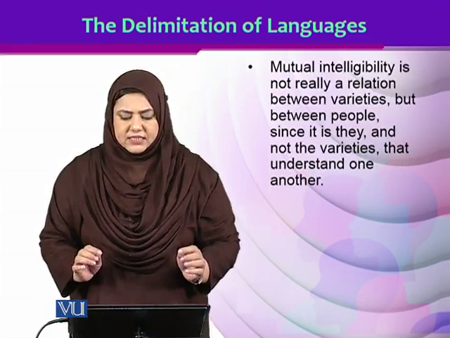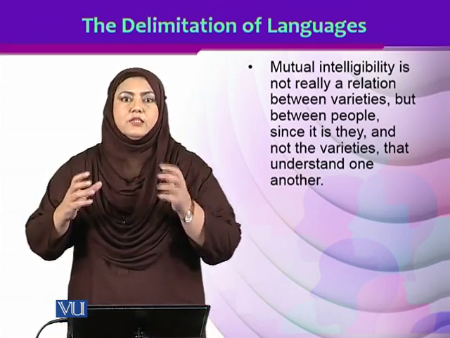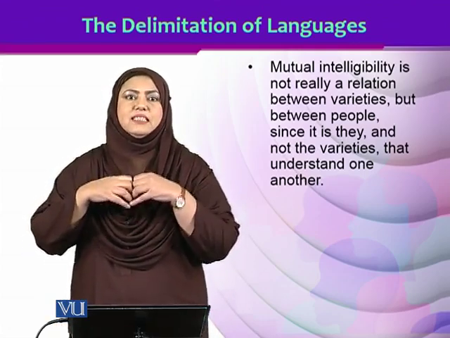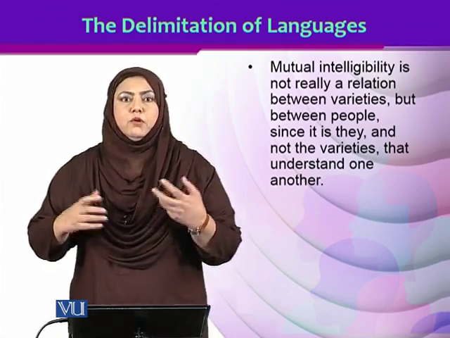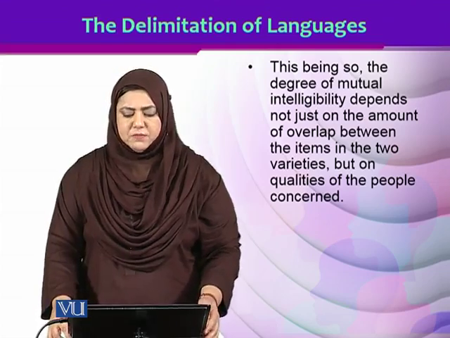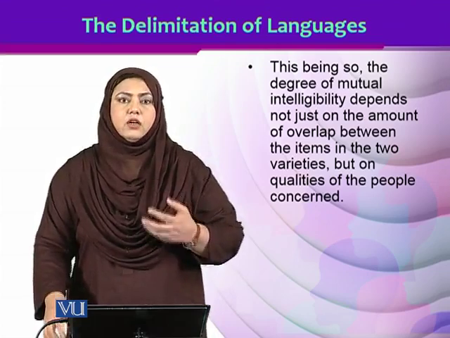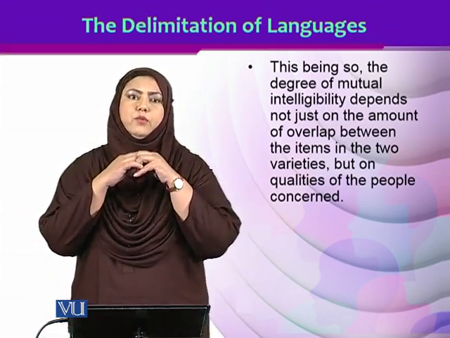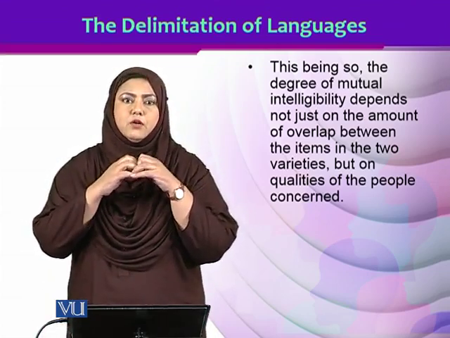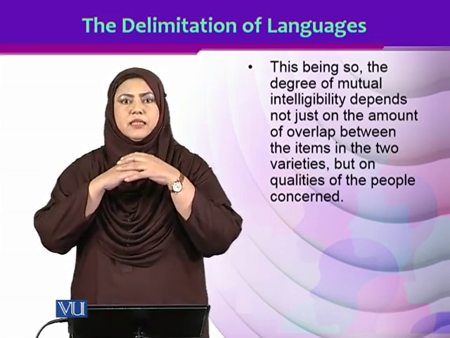Mutual intelligibility is not really a relation between these two varieties. It is also about mutual understanding of the people as well, because ultimately it is the people who use language. This being so, the degree of mutual intelligibility depends not on how many of the linguistic items, the code items or the lexical items, of one variety overlap with the other variety.